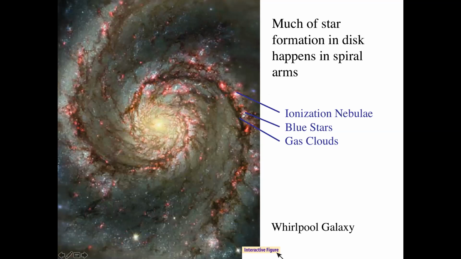Blue stars, we know the bluest stars are the highest mass stars. We know they live very short lives. It's also a measure of youngness of a population if there are lots of blue stars around. And these very dark gas clouds are where the star formation is going to be happening. And as you can see, those tend to be in the spiral arms in particular of this beautiful grand design spiral galaxy. And so let's go to the interactive figure.